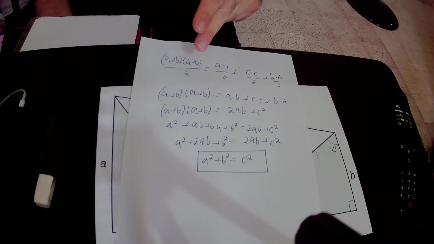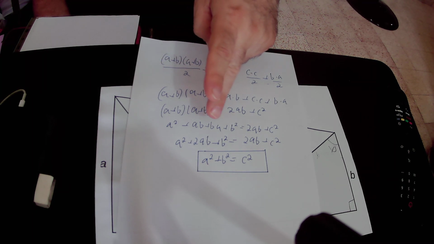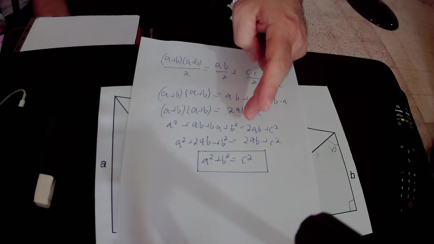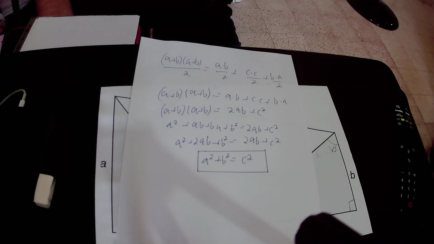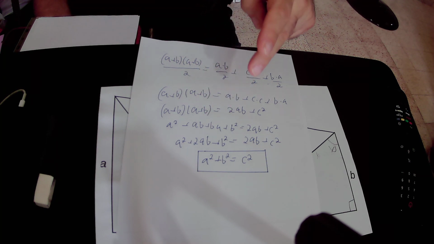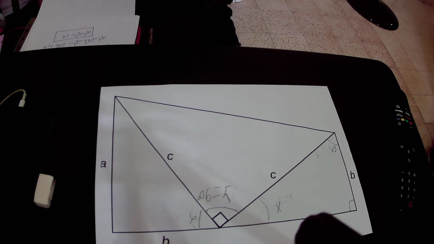We multiplied it by 2, and we opened the brackets, and at the end we got the Pythagorean theorem that says that the square of the hypotenuse equals the sum of the squares of the perpendiculars, or C squared equals A squared plus B squared. Okay, thank you very much.